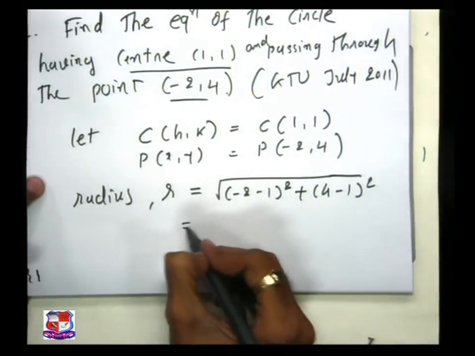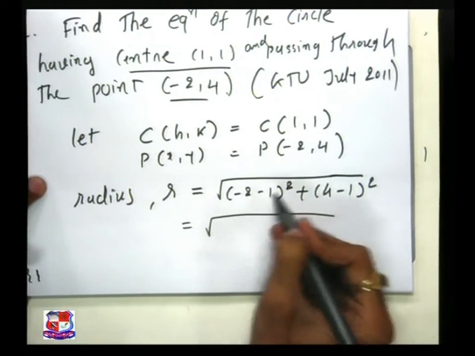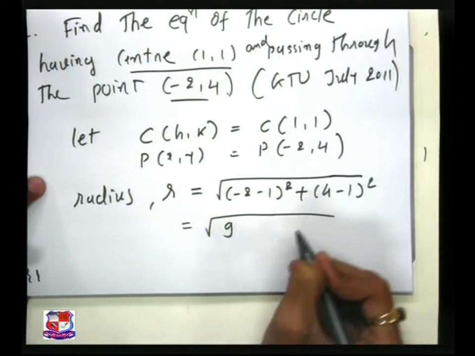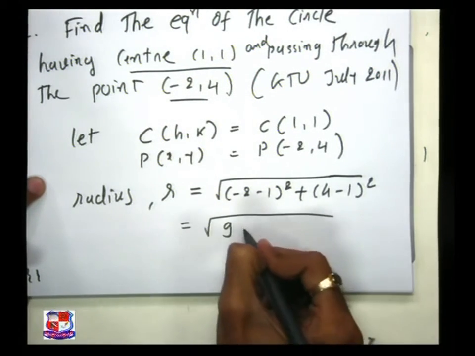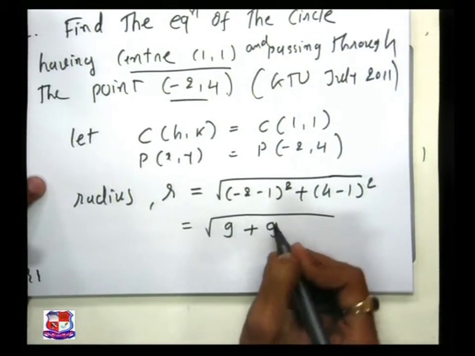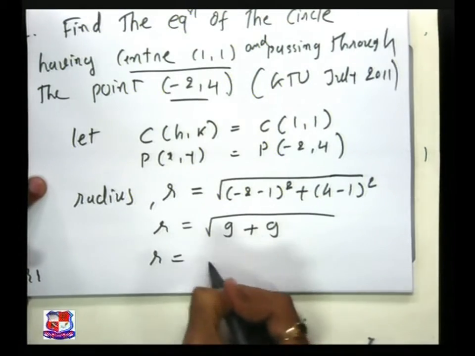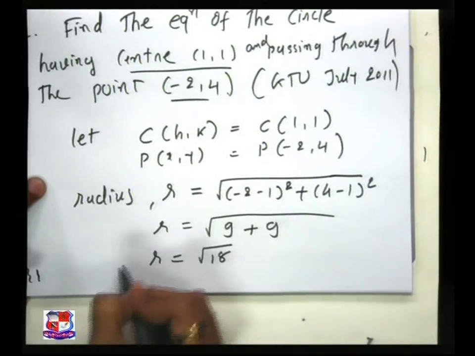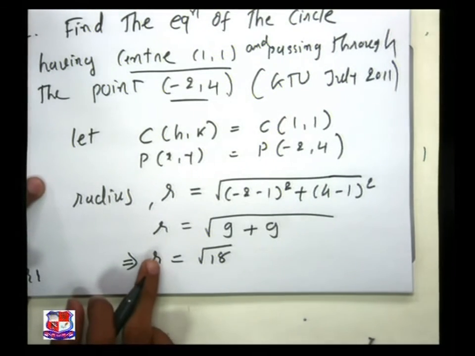So this is root of (-3) square, that is 9, and 4 minus 1 is 3, and 3 square is also 9. So R is equal to root 18. This is the radius of the circle.